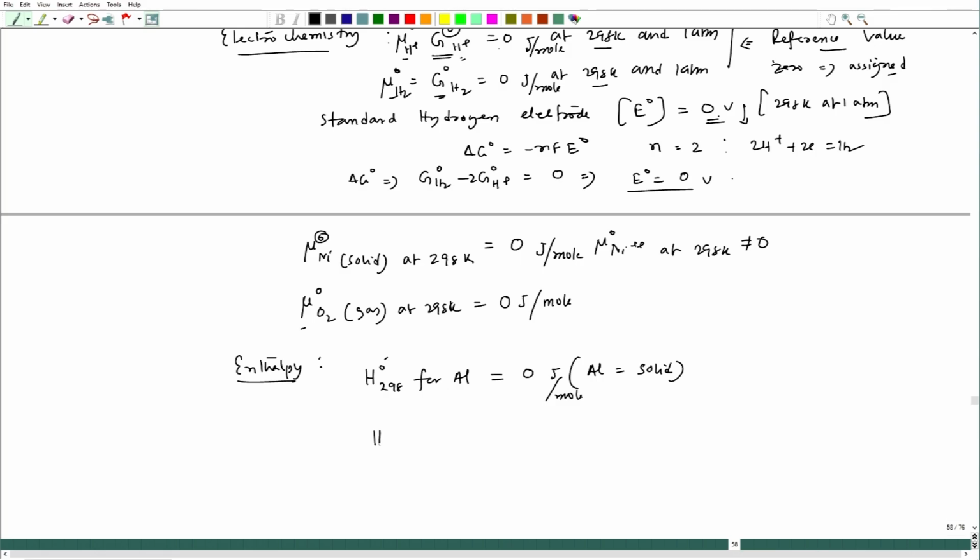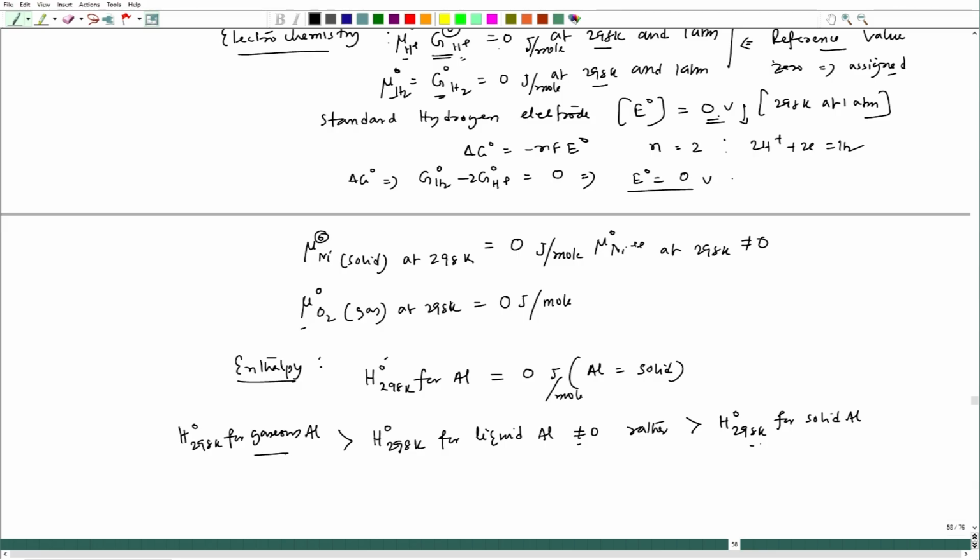But if I consider 298 Kelvin for liquid aluminium, that time it is non-zero, rather it is greater than solid aluminium. So those values will vary, because we know the enthalpy of the high temperature phase, which is basically liquid or gas, will be more than the low temperature phase.